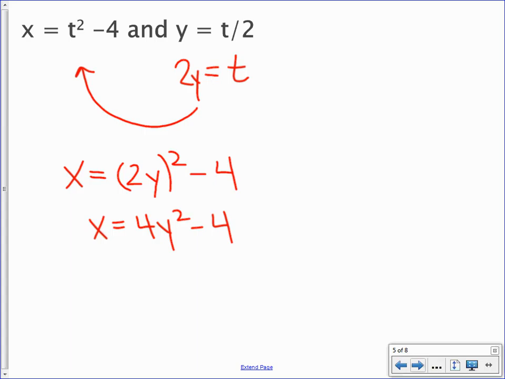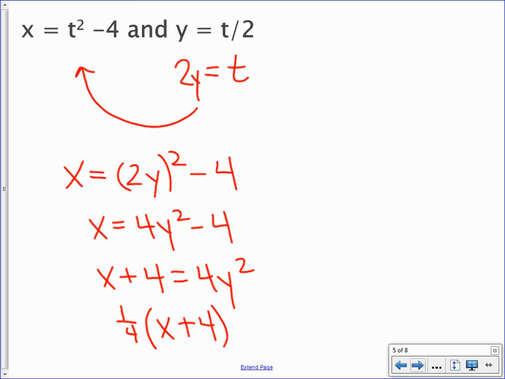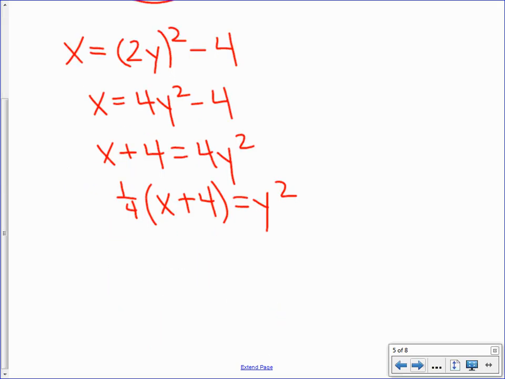Okay. If we were going to put this into standard form so we knew how to graph it, we would add 4 and then divide by 4 so that now we're in standard form, right?